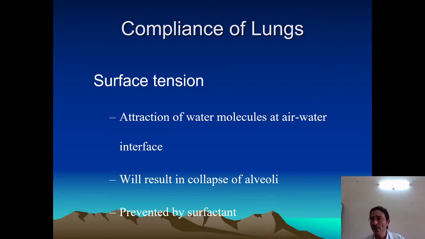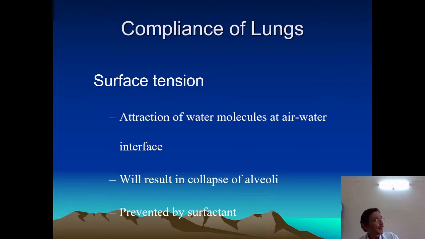The greater the elastic recoil, the less the compliance of the lungs. Suppose this elastic tissue, collagen tissue is converted into fibrous tissue. Fibrous tissue doesn't expand, doesn't contract. So the more the fibrous tissue, the less the collapsing tendency, and the more the work of breathing.